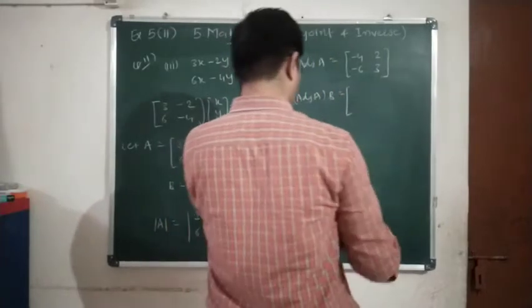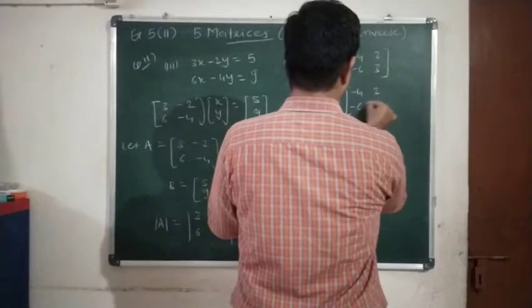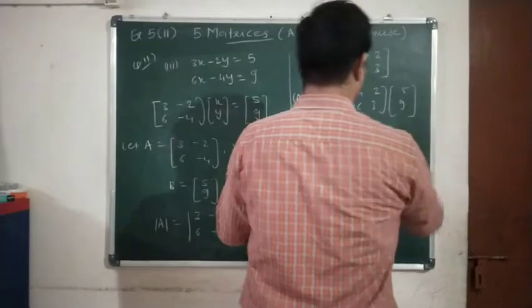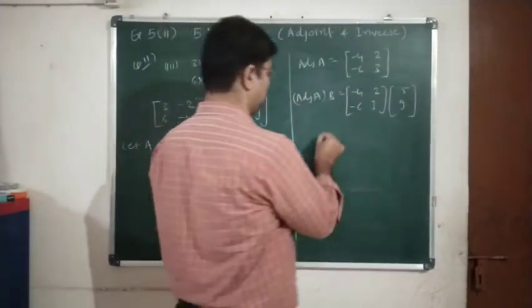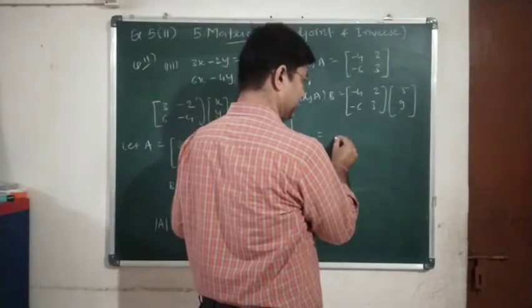Now we will find the product adjoint of A into B. So what is adjoint of A? Adjoint of A is minus 4, 2, minus 6, 3 into B, which is 5, 9. Let us multiply.